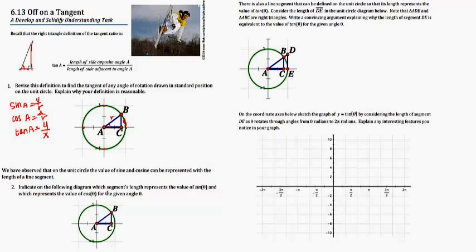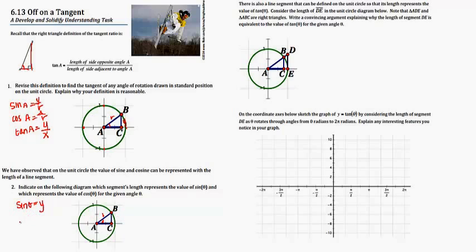Indicate on the following diagram which segment's length represents the value of sine, which segment's length represents the value of cosine for the given angle theta. So this is angle theta. And we kind of just talked about this up here. But remember, r is 1 in a unit circle. So sine of theta would just be equal to opposite, which is y, over 1.